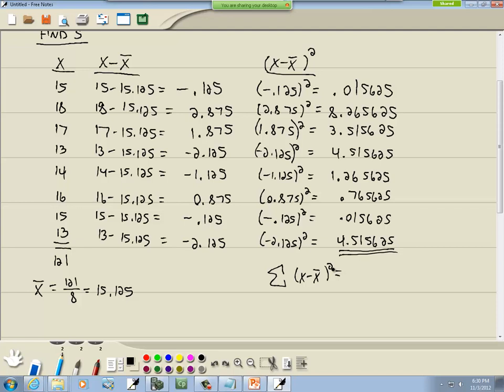0.015625 plus 8.265625, 265625, 3.515625 plus 4.515625 plus 1.265625 plus 0.765625 plus 0.015625 plus 4.515625.